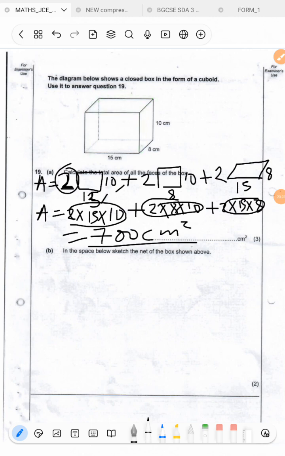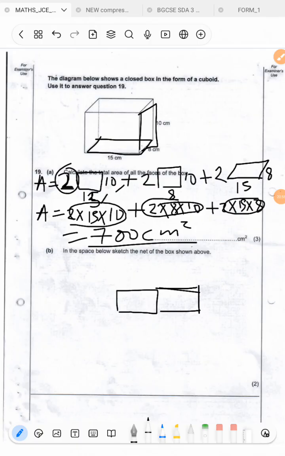All right, so your sketch is going to look something like this. Maybe let's just do it step by step so that you see. We'll start with this one here, so that's going to be this. And then we'll go to this one, this one is going to be here, and then the top part.